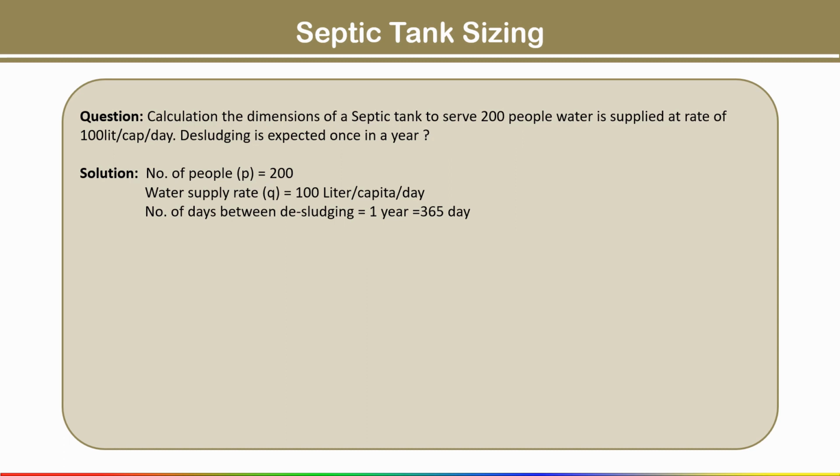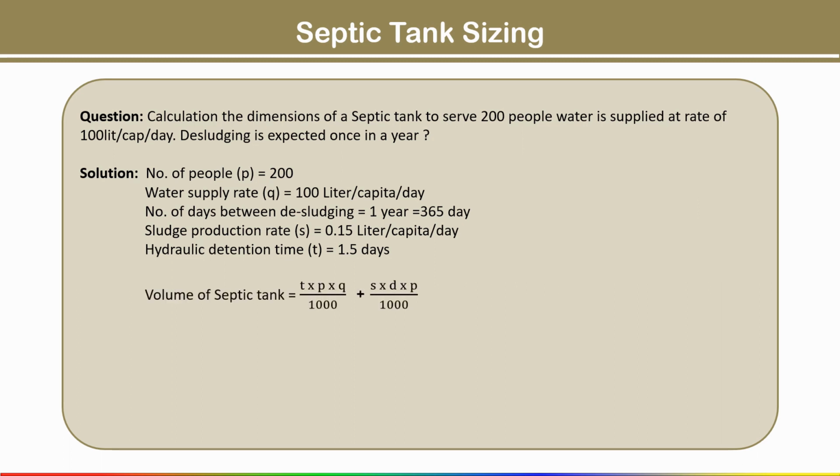I have converted that year into days. And the sludge production rate, how much do we have to take? As per plumbing standards, sludge production rate, small s, we have to take 0.15 liter per capita per day. And hydraulic detention time, small t, we have to take 1 to 2 days, but preferable is 1.5 days. So that I have taken here.